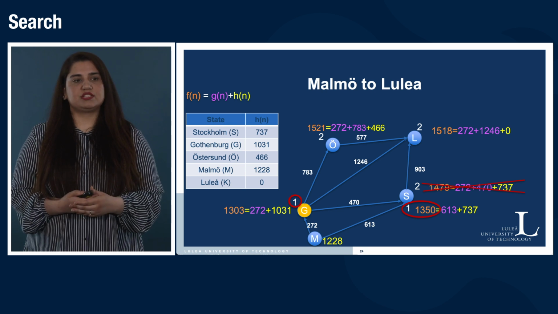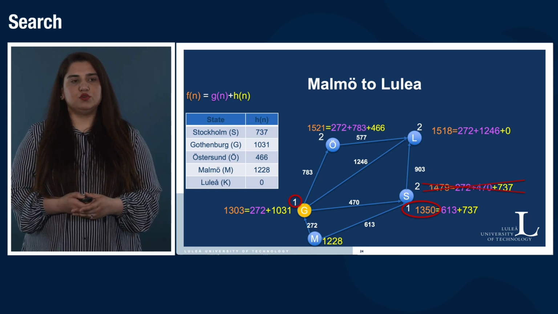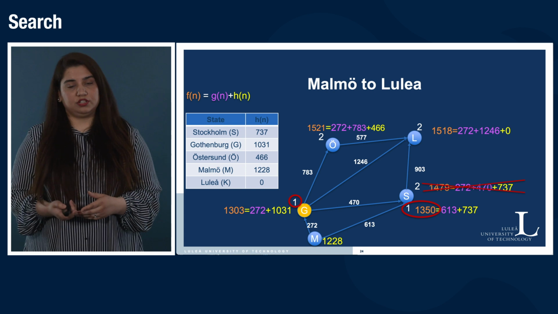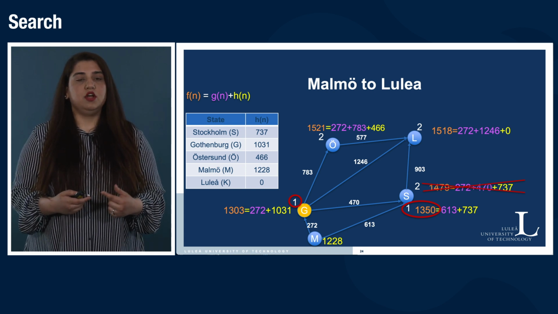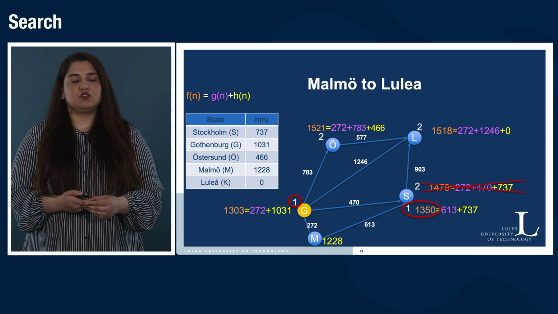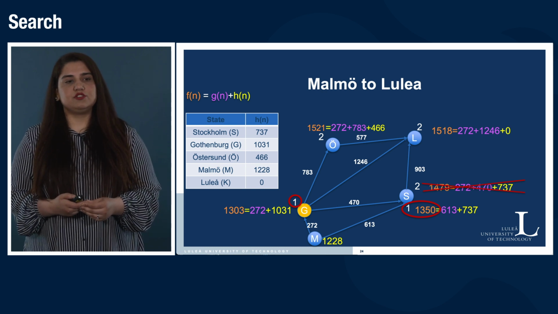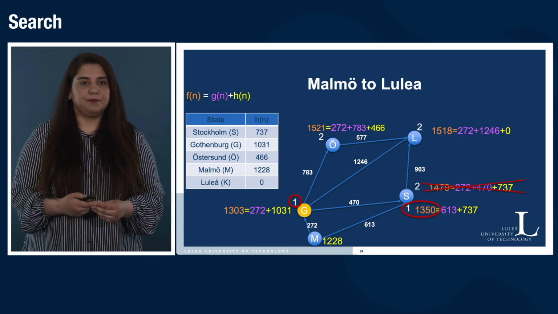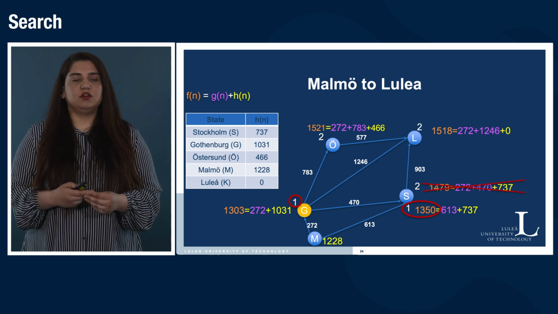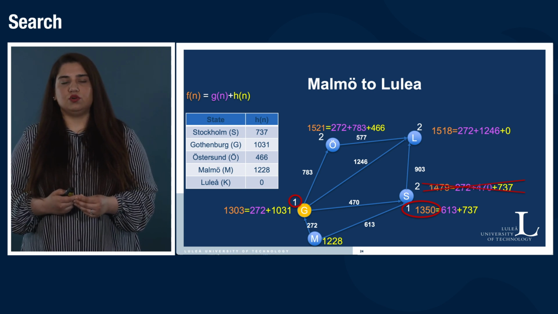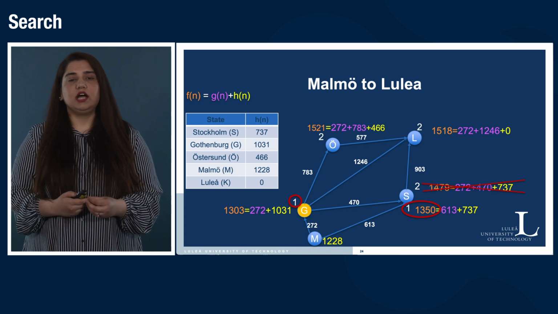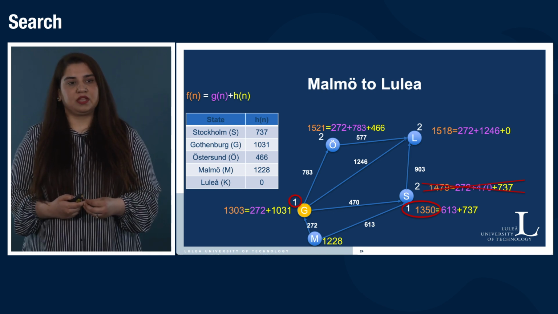Next, we try to cover the next adjacent states from Gothenburg, and the cost is computed in front of you. For example, if we move towards Stockholm from Gothenburg, now this is the path which is not directed from Malmö, this is taken through Gothenburg, then the cost will be 272 Malmö to Gothenburg, 470 Gothenburg to Stockholm, and then the heuristic value to reach Stockholm, and in total it is 1479.